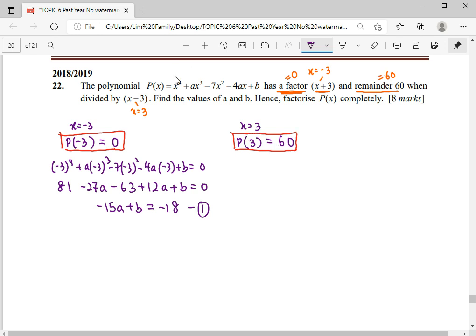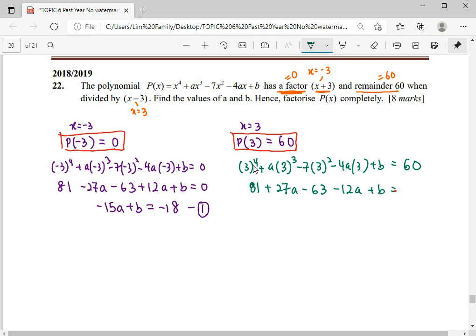Put your 3 inside here. Okay, solve, simplify your A.